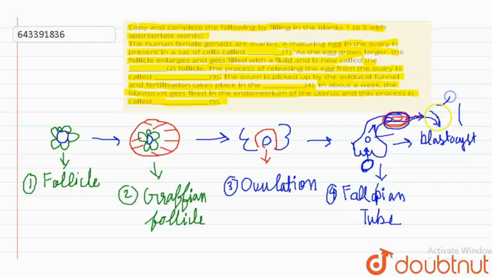For example, this is the uterus, so it will move finally into the uterus and get fixed here. This movement of zygote or the blastocyst into the uterus and its fixation here in the uterus is known as implantation. So this would be our fifth blank.